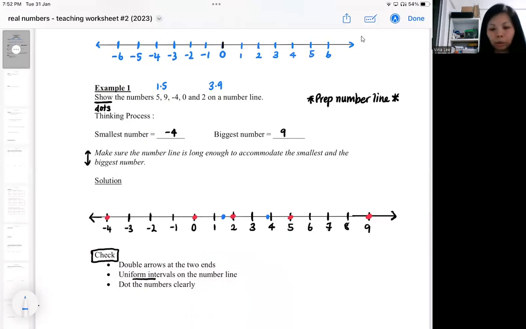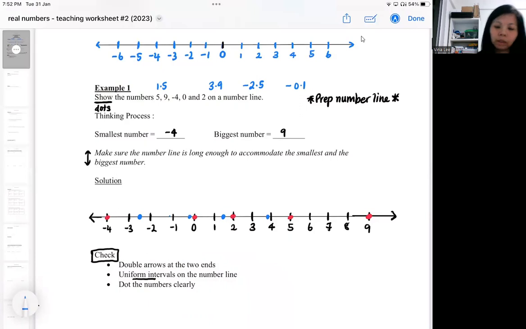And what if you need to show -2.5? -2.5 is here in the middle of -2 and -3. So it is still possible to show. Or maybe I would like to show -0.1. So -0.1 is really very close to 0. This part.